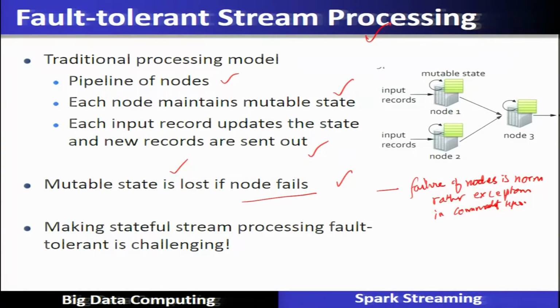Therefore, making stateful stream processing fault tolerant is very much needed, and in the Spark streaming system we will see how this stateful stream processing is done in a fault tolerant manner.